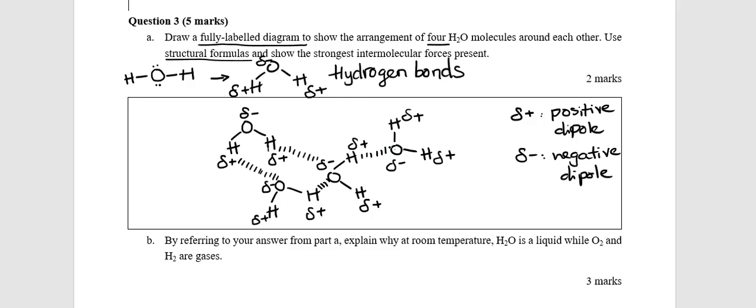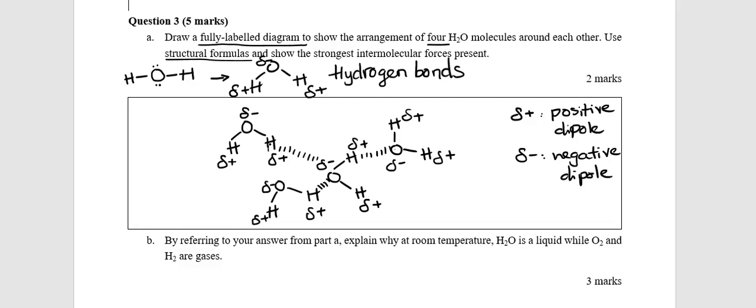Now I do want to point out, for example, if I want to show 1 hydrogen bond between this hydrogen and this oxygen, this is actually incorrect because the hydrogen can only form 1 hydrogen bond.